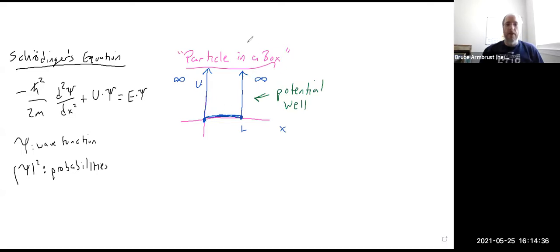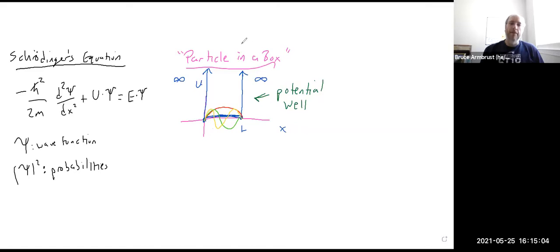Let me draw a couple of the different waveforms we saw. We saw the one that was just half a wavelength in between. We saw another one that was a whole wavelength in between. I'll do a third one here that was 1.5 wavelengths, right? But we had some really significant restrictions on what kind of wavelengths we could have.